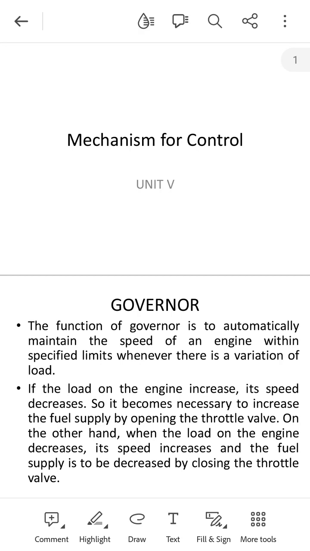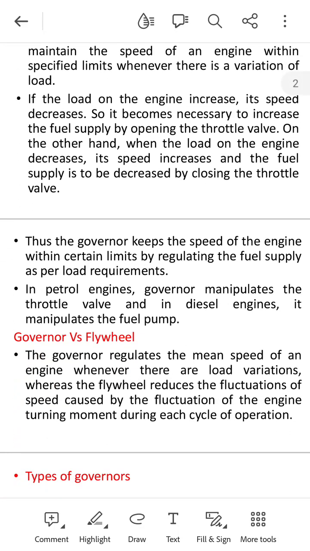On the other hand, when the load on the engine decreases, its speed increases and the fuel supply is to be decreased by closing the throttle valve. Thus, the governor keeps the speed of the engine within certain limits by regulating the fuel supply as per load requirements.